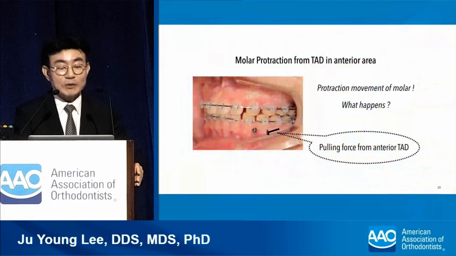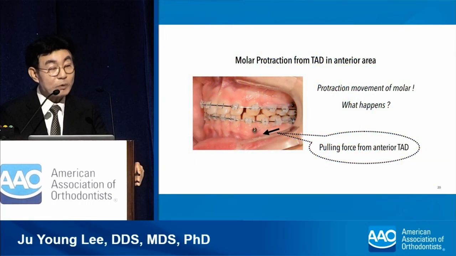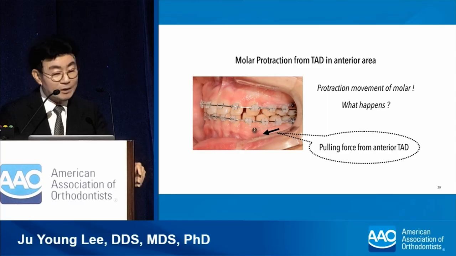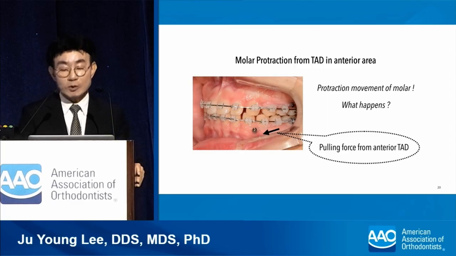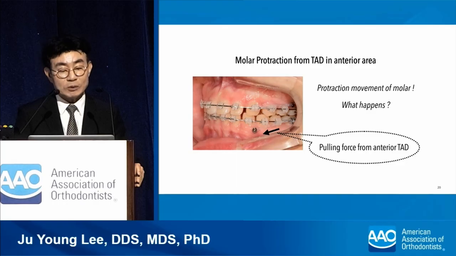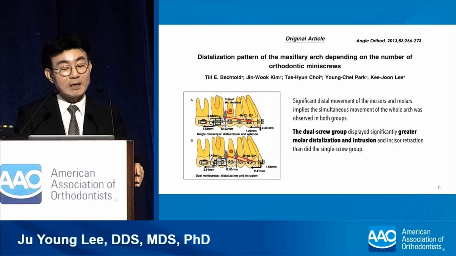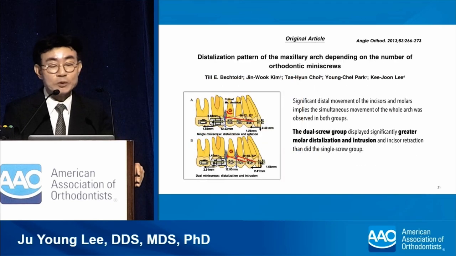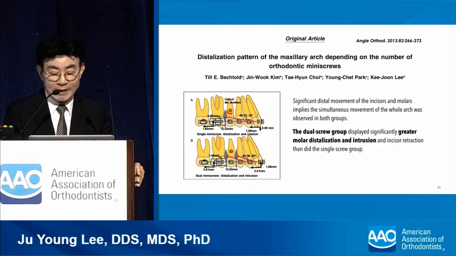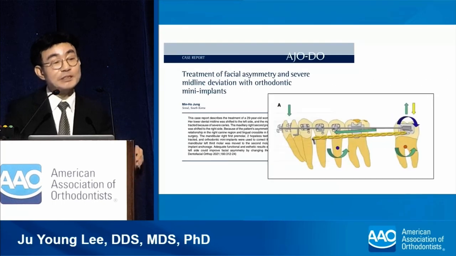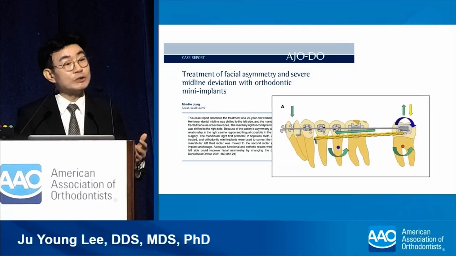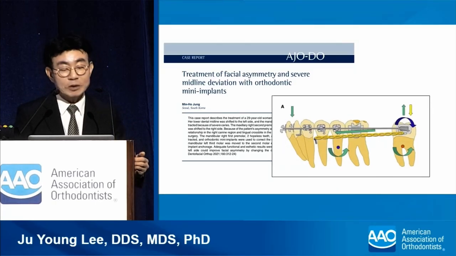So, how can we achieve a protraction movement of the posterior teeth? What kind of counter reaction will occur when TAD is installed in the anterior and pulling force is applied to posterior teeth? Similar to the reaction of posterior teeth intrusion when retracting maxillary arch using TAD, when the dentition is pulled forward using TAD, the intrusion of anterior teeth appears.